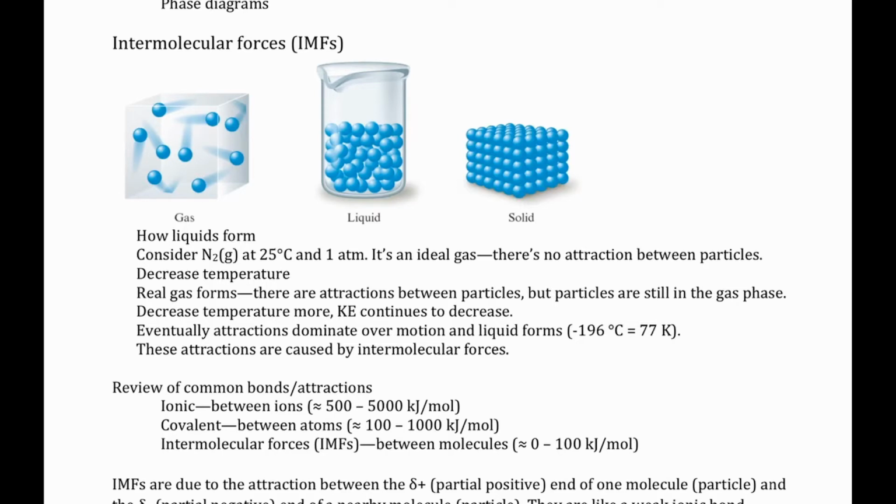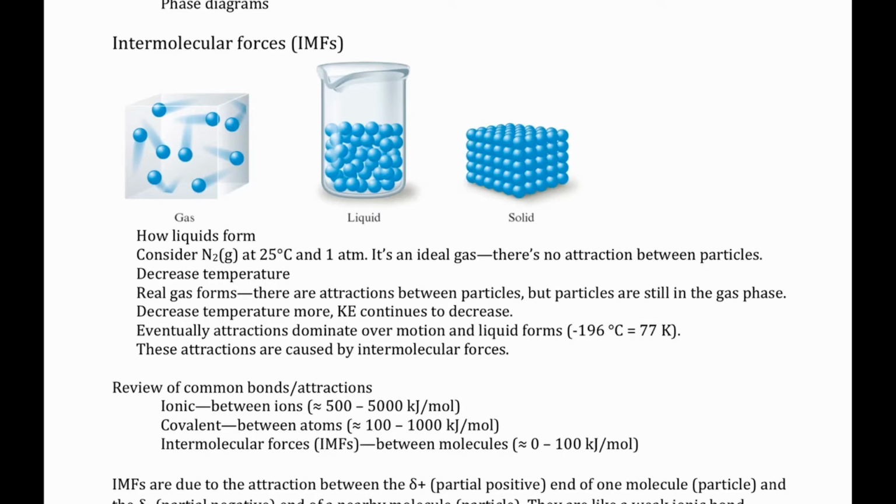Alrighty, a quick review of bonds, attractions. When we have ions, we have the ionic bond, and that's between ions. Getting a sense of the range of the attraction, the ionic bond attraction roughly varies from about 500 to 5,000 kilojoules per mole. We talked also about the covalent bond. That would be the bond between atoms. Typically, it is in the range of 100 to 1,000 kilojoules per mole.